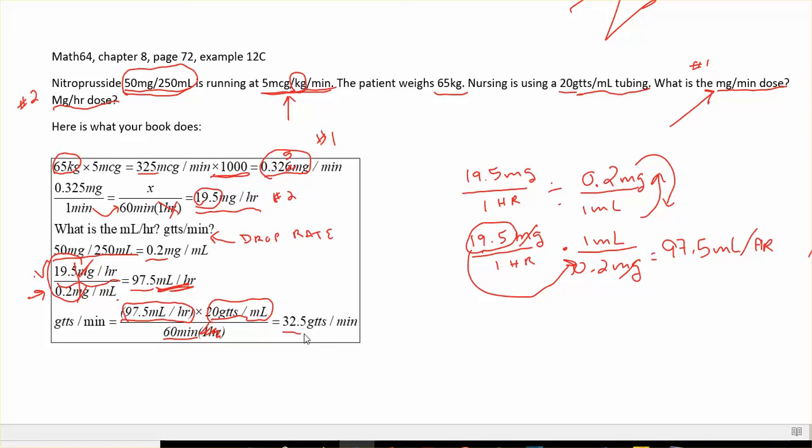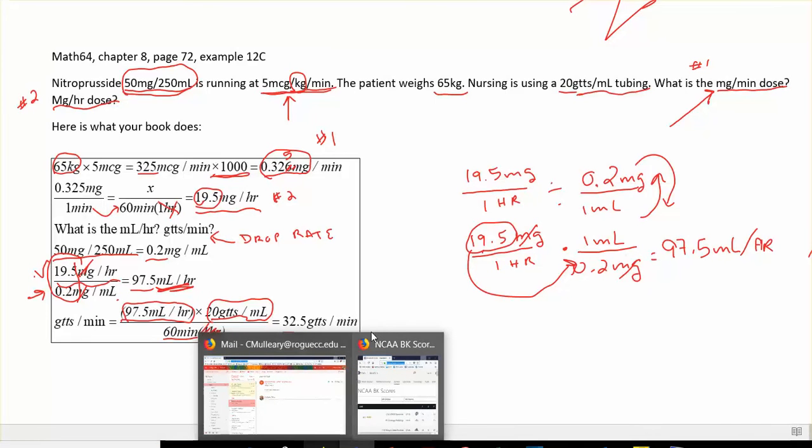Now, look what happens on the units: the time is now minutes. He came from down below here. And the upper part is the drops, GTTS, and the milliliters dropped out, and the hours, that was just one, so we don't have to pay attention to that.